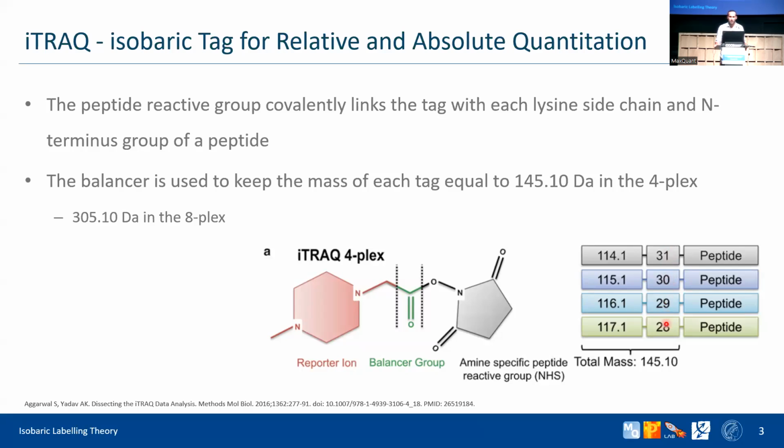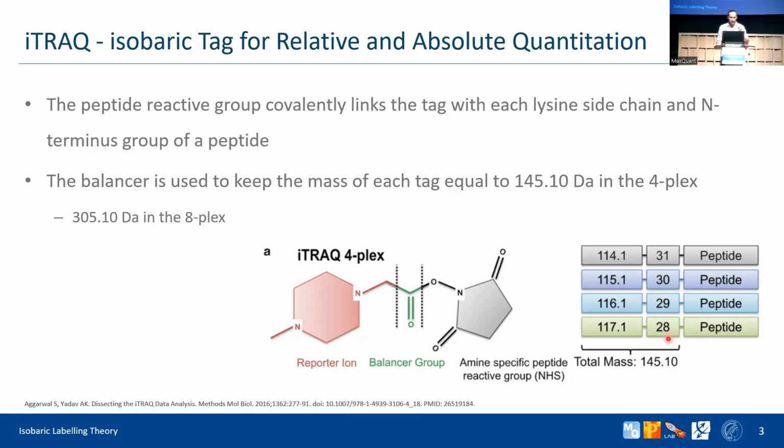We have 4 such tags in the 4-plex, allowing us to mix 4 samples together. So we have sample 1, 2, 3, 4. We tag 1 with the first one, 2 with the second one, 3 with the third one, and so on. We mix them together. We have peptides of the same mass now. They are all tagged, hopefully, if everything works out well and you have a good efficiency in your labeling. And then you have these all appear in the same MS1 peak.